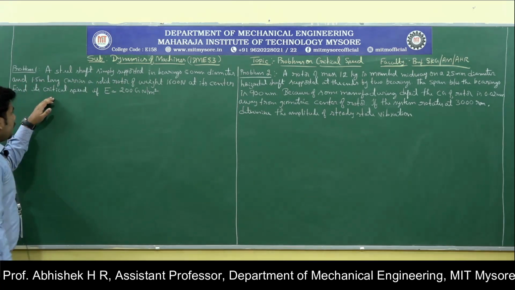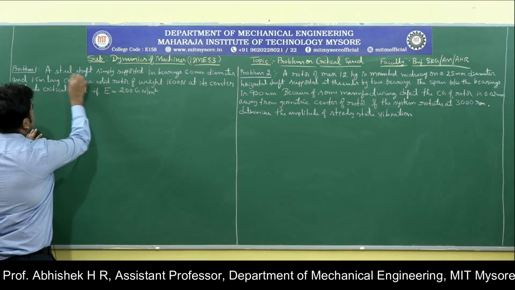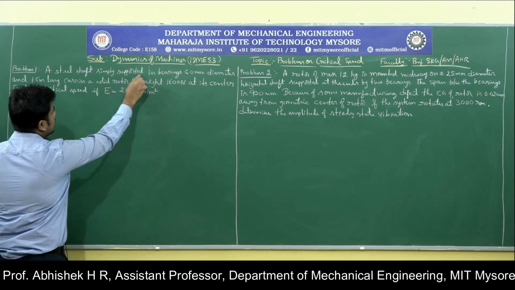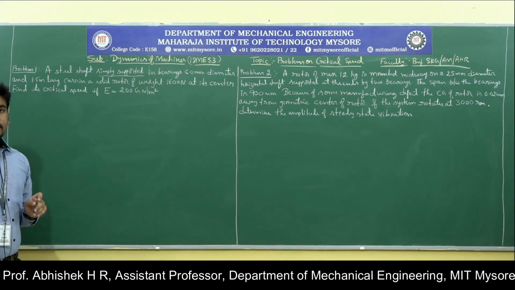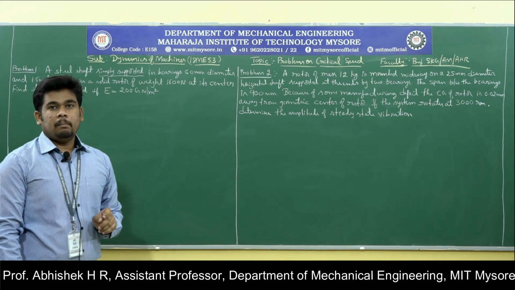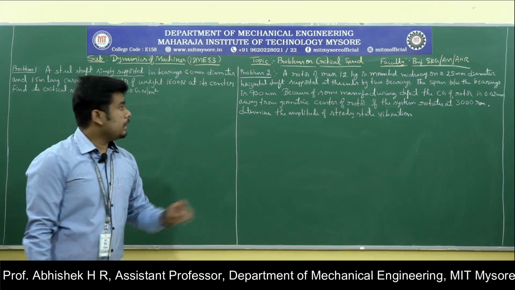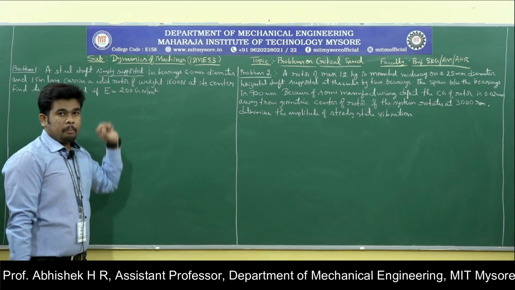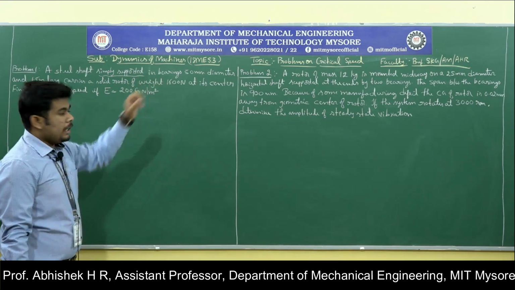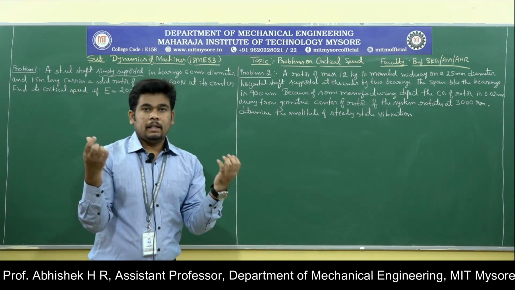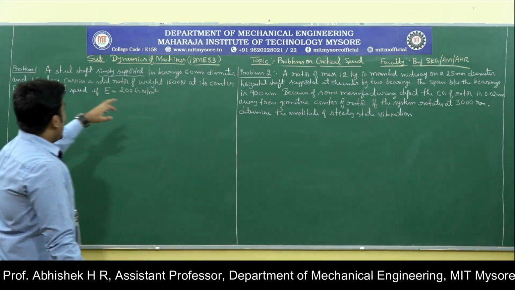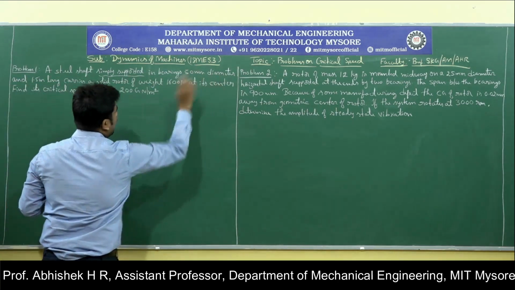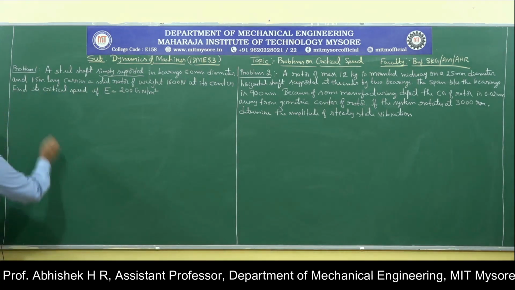A steel shaft simply supported means it is a simply supported beam like structure, isn't it? Simply supported in bearings means the shaft is supported by two bearings. And 50 mm diameter means the diameter of the shaft.